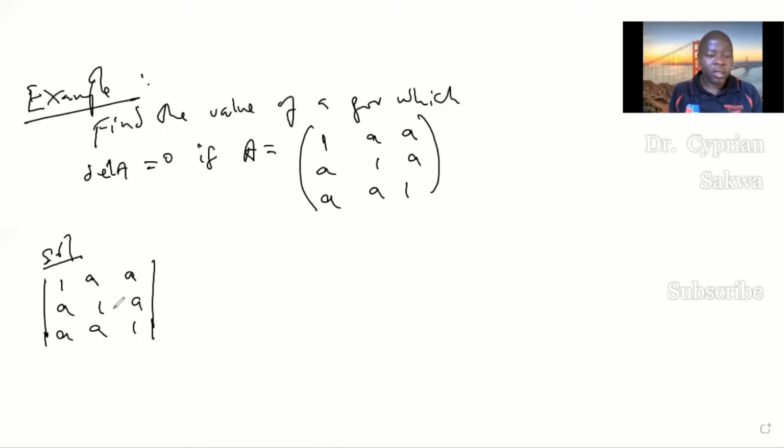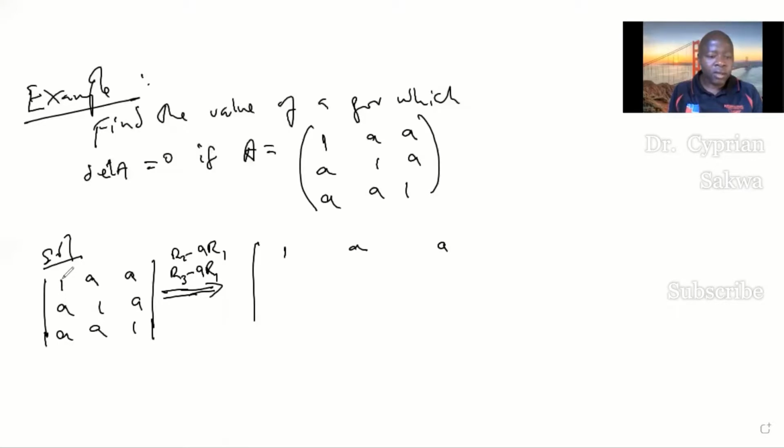I want to create a 0 here. So for me to create a 0 here, what I want is row 2 minus R row 1 and row 3 minus R row 1. So if that happens, then what I would have is 1 R R. Let me just space them a bit.